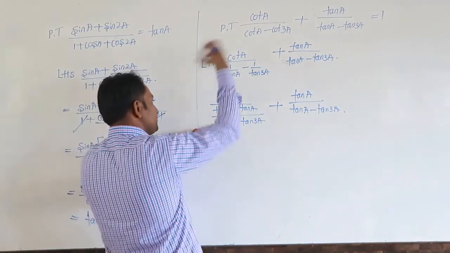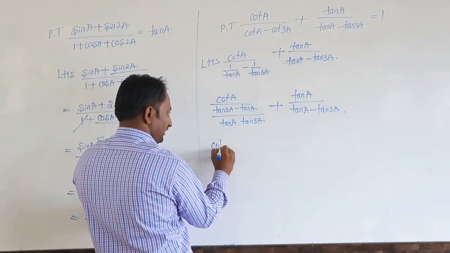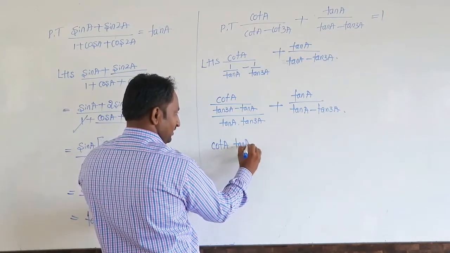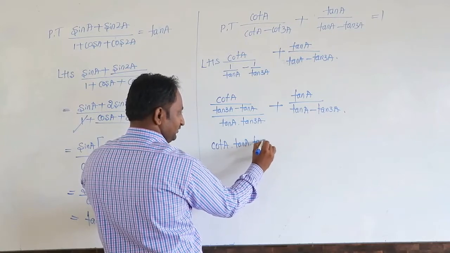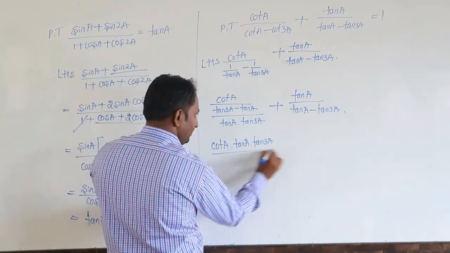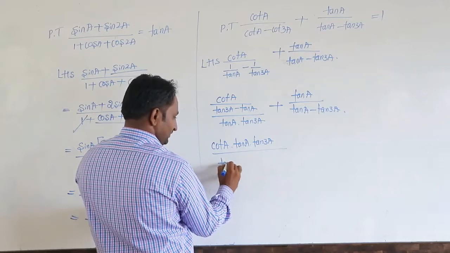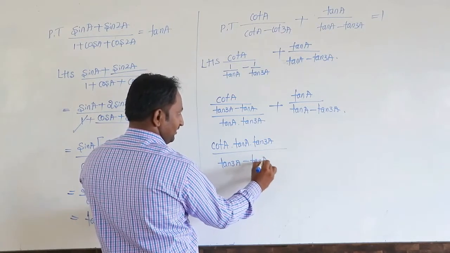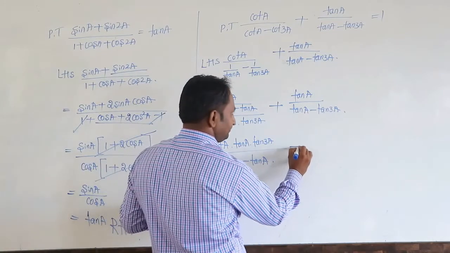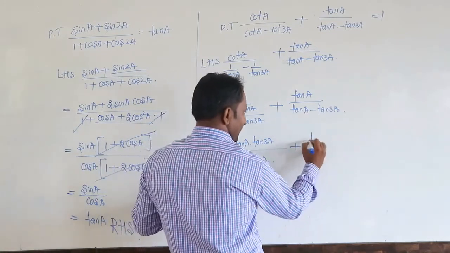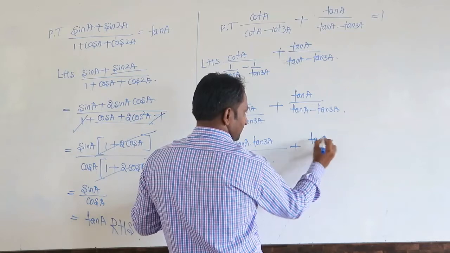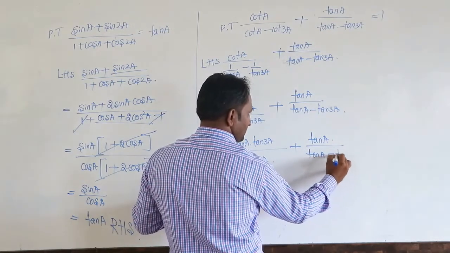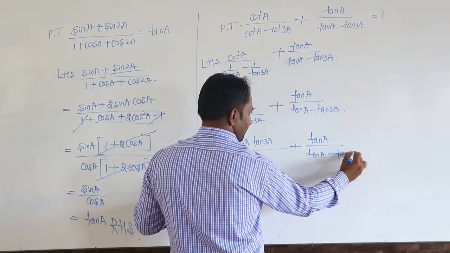Here this term goes to the upper side: cot a into tan a into tan 3a, whole divided by (tan 3a minus tan a), plus tan a divided by (tan a minus tan 3a).